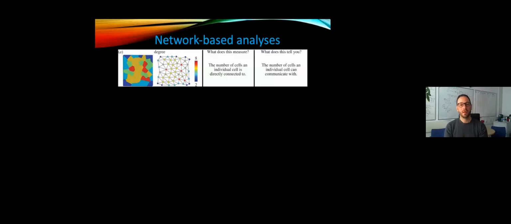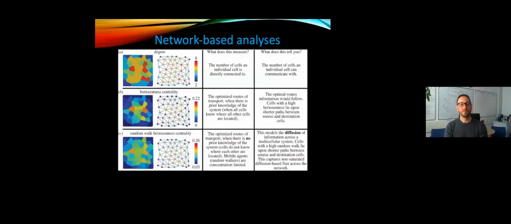So we can look at other measures of connectivity in networks, and I'll just describe them at a very high level. This notion of betweenness centrality and random walk centrality. What this describes is nodes within networks that lie upon shortest paths between other nodes. If you want to go from one place to another, you will follow the quickest way or the shortest path.